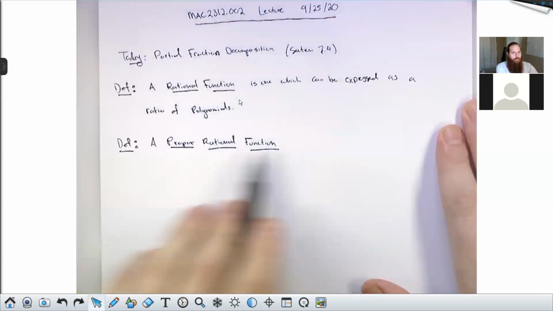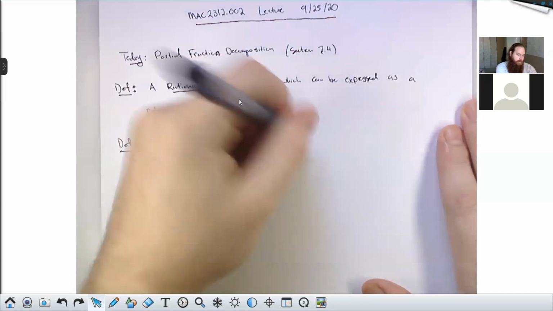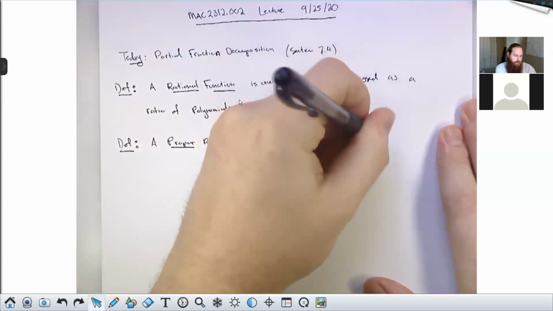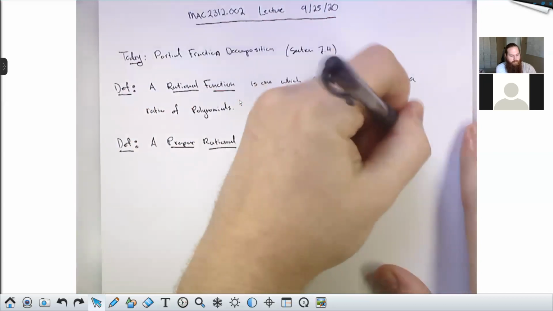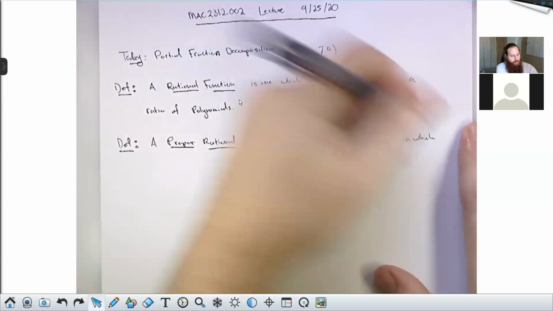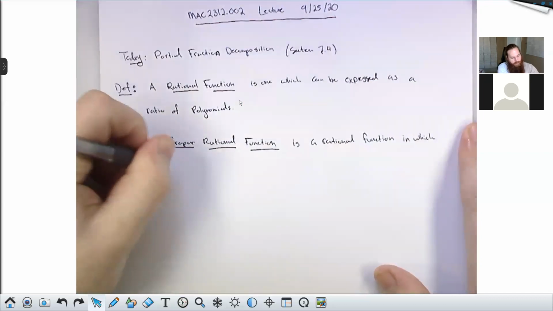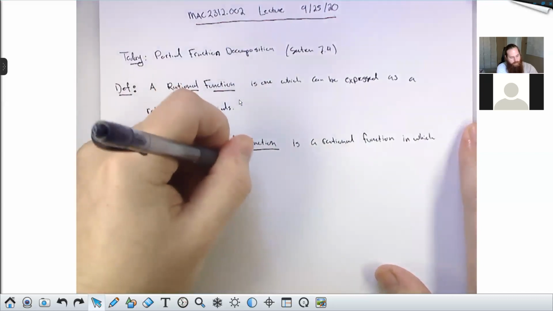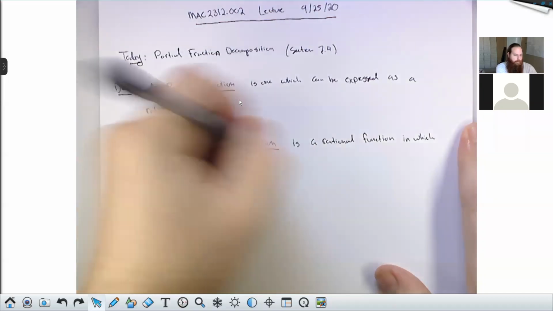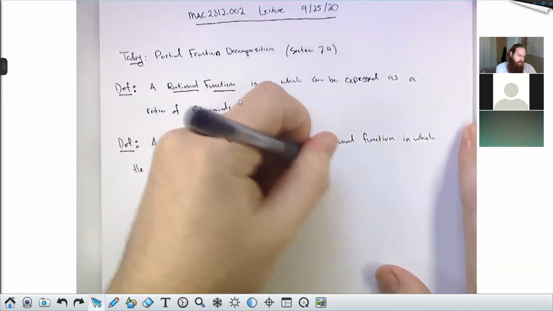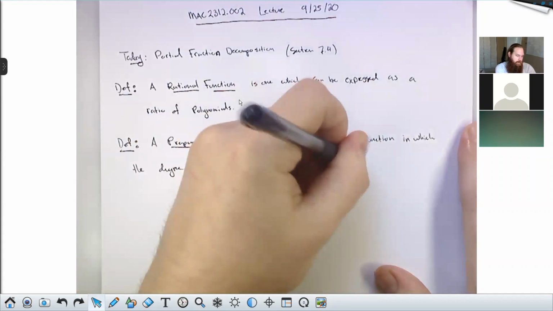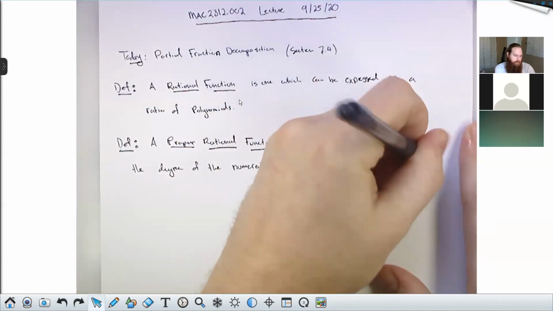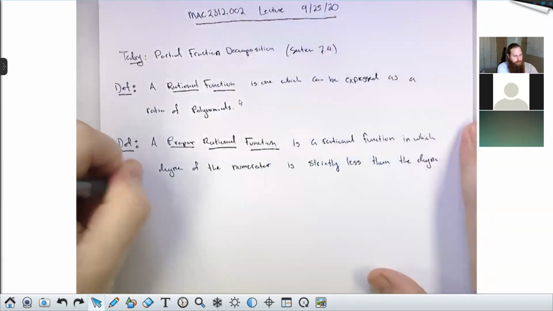So a proper rational function is a rational function, so the top and bottom are both polynomials, in which the degree of the numerator is strictly less than the degree of the denominator.